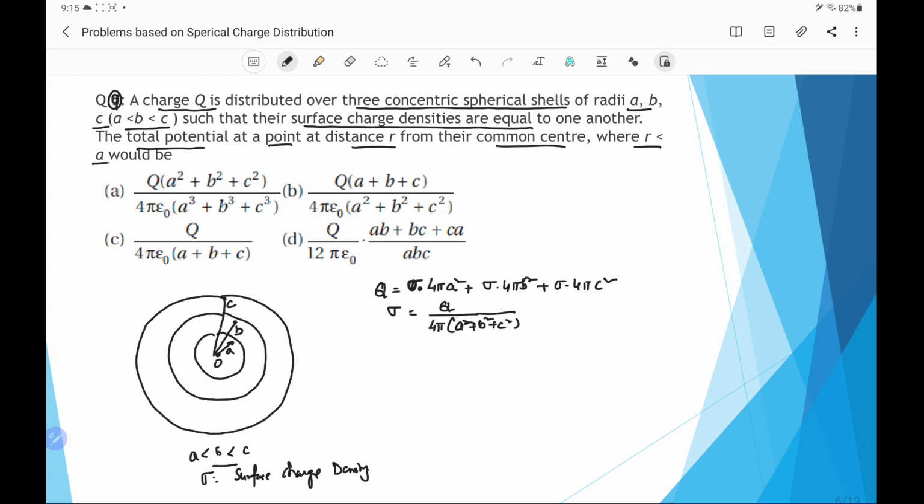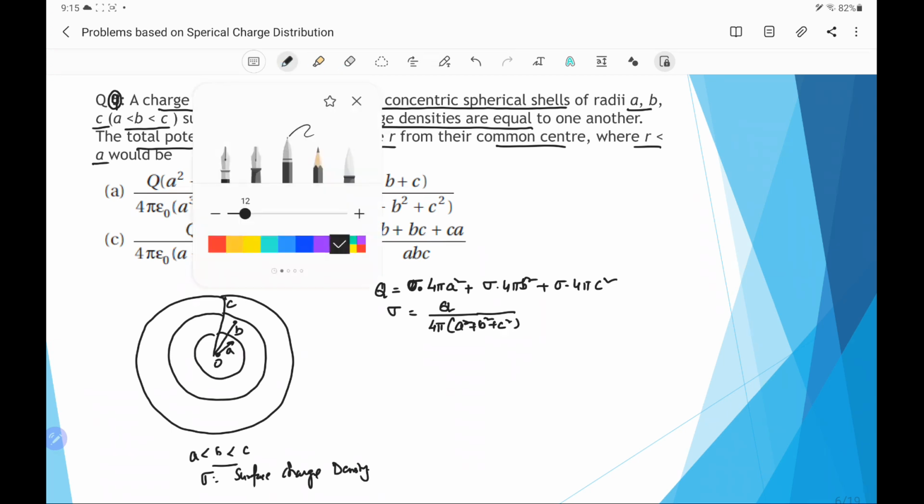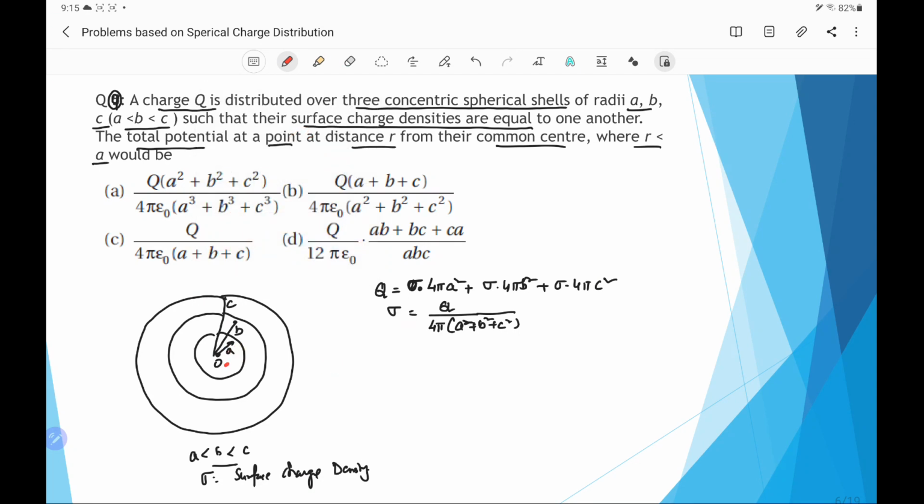Now we have to find the potential at a point which is lying inside the spherical shell A. That means this is the r, and r is less than small a. It is given in the question.